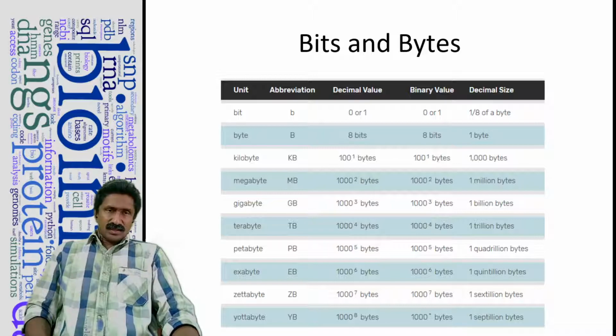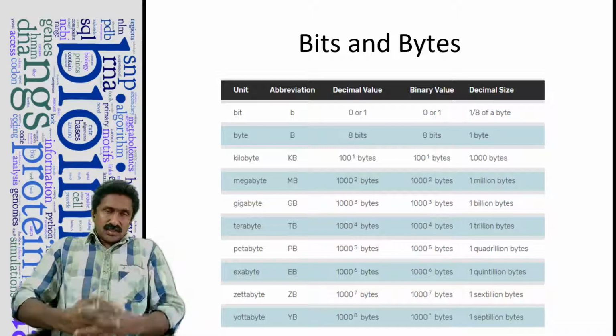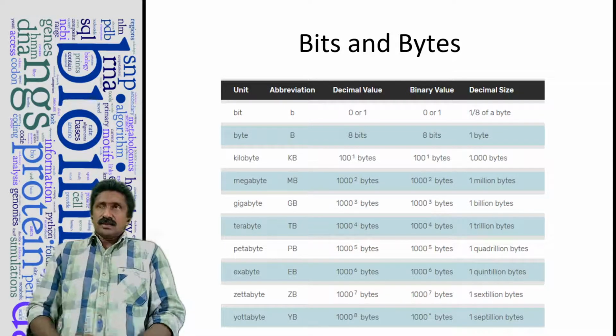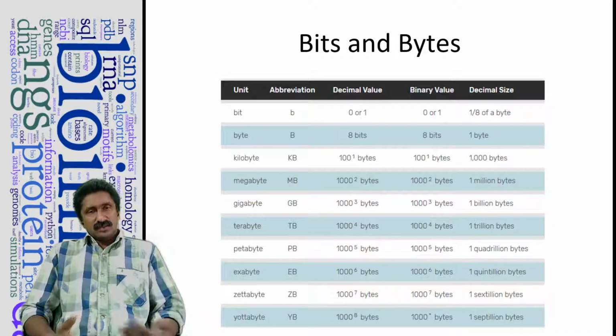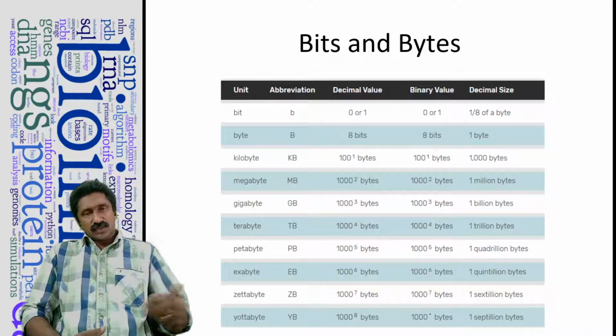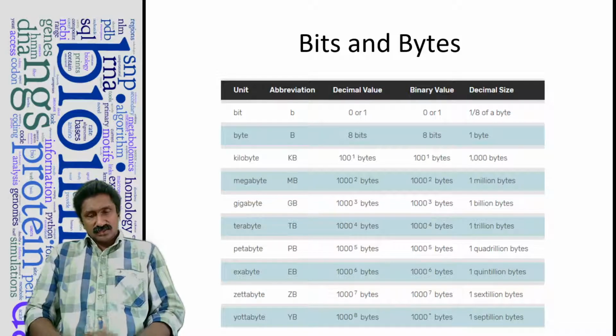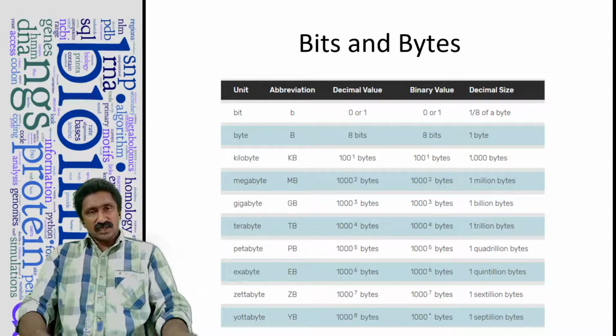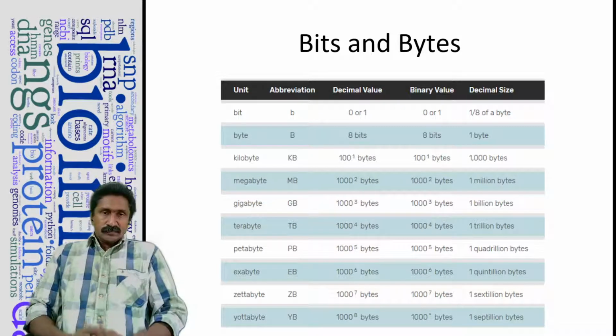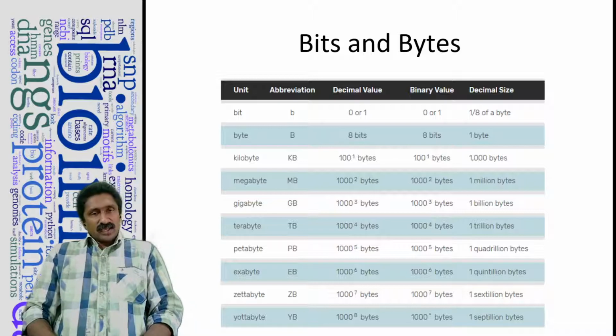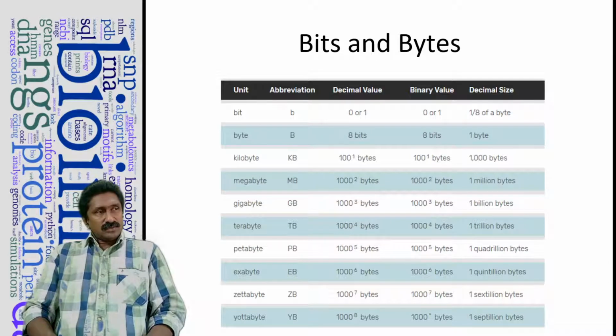Whereas there was a stage in 1998 when I joined for my PG program in the Calcutta University. The same department of life sciences had a computer at the time, a single computer, working on Windows 3.1 or something.